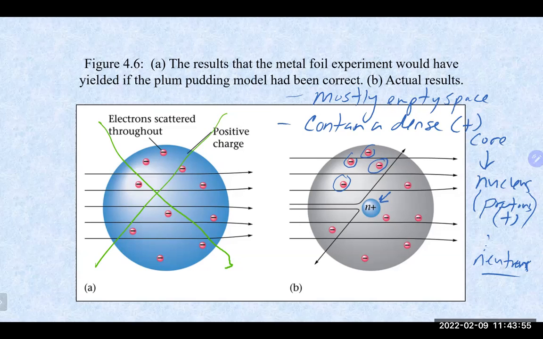The other major difference in the modern version of the atom, which is what we're talking about here, which is mostly empty space and has a dense positive core, the nucleus, is that most of the mass of the atom is the nucleus. And we'll talk about why that is. But basically, it is because in the nucleus are the protons, and in the nucleus you find the neutrons.